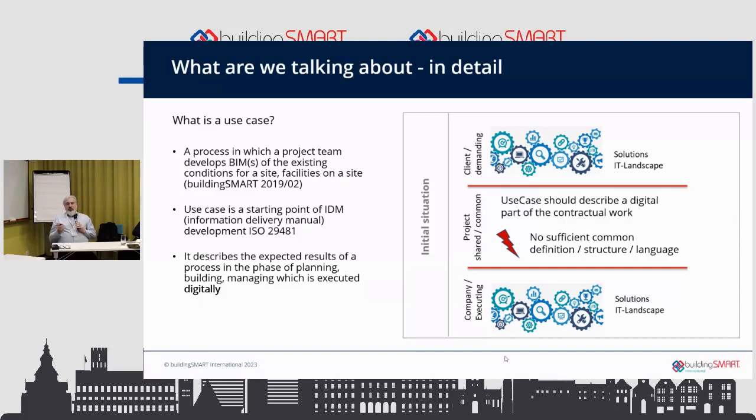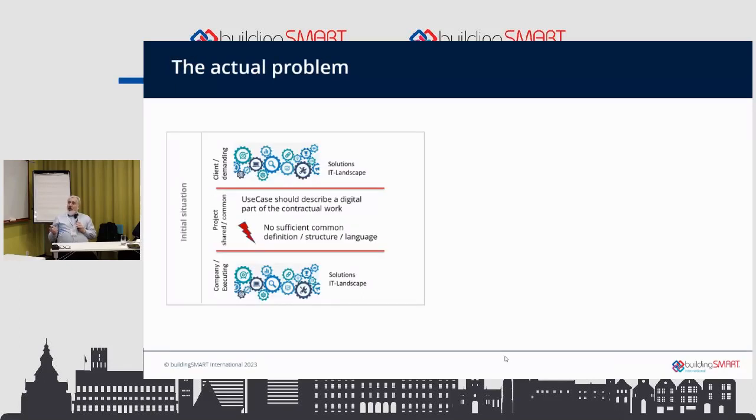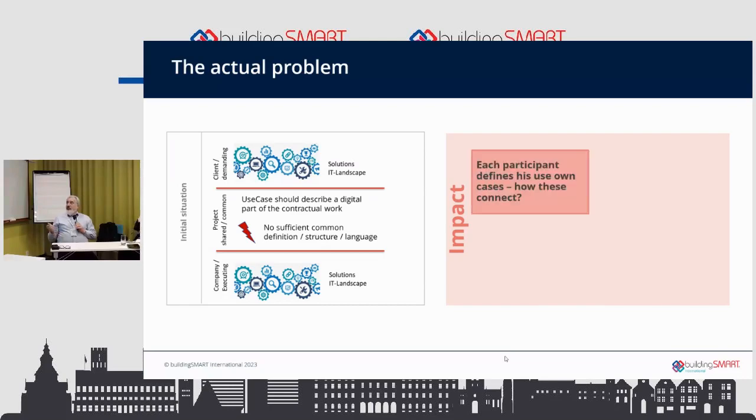If we don't build the foundation, the technology will not help us. So the actual problem leads to an impact, and the impact is that at the moment each participant defines his use cases on his own. Even in our company, we have defined 250 use cases, properly described.